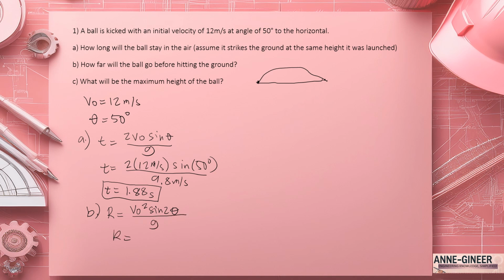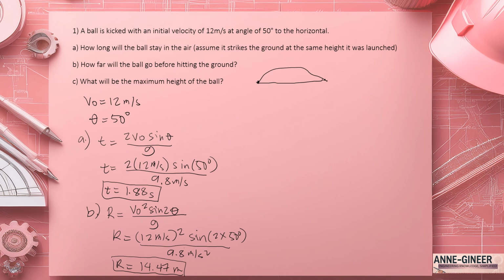So R is 12 meters per second squared times sine of 2 times 50 degrees over 9.8 meters per second squared. So the range, let me just input this in the calculator, is 14.47 meters.